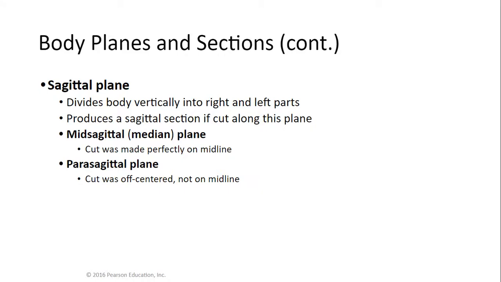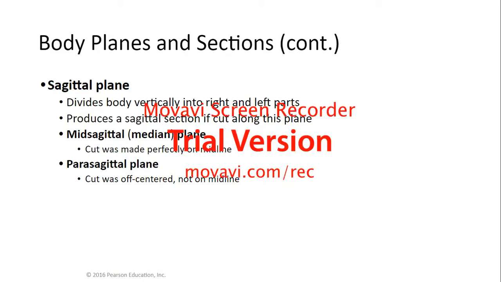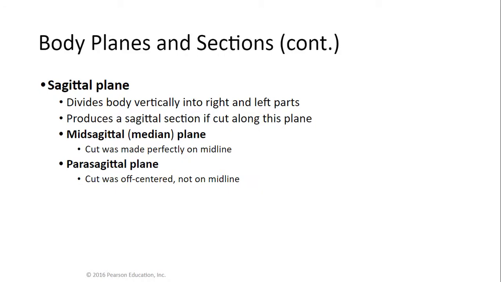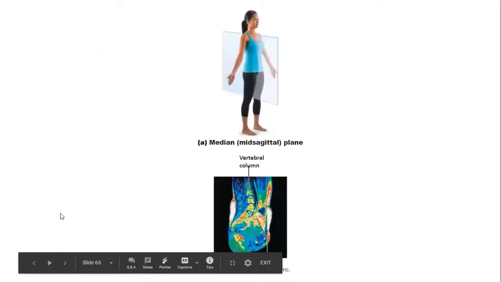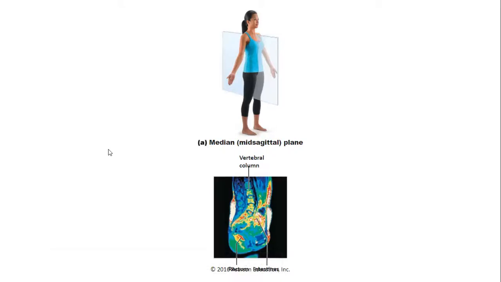But the way I like to remember sagittal is midsagittal, a perfectly midline cut that divides the body into left and right. Off-sagittal cuts aren't perfectly midline, but you're still dividing the body into right and left parts. Here's an image of that.